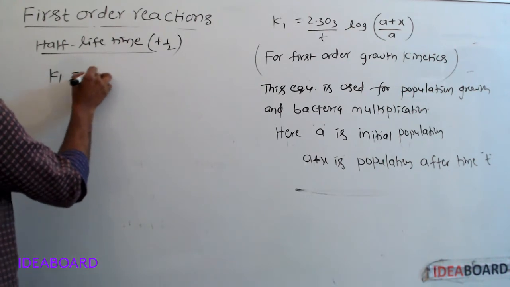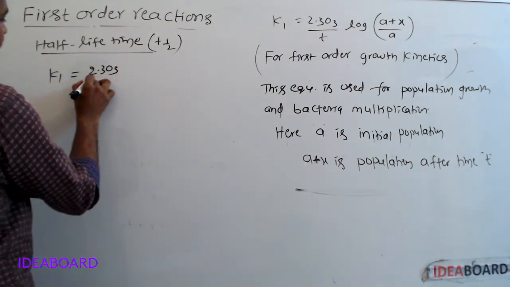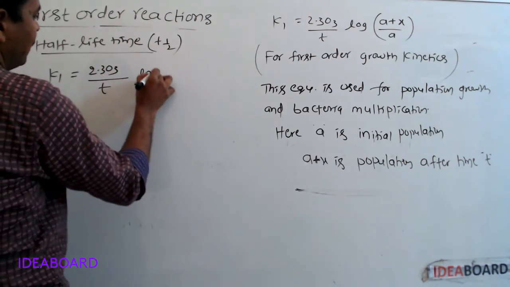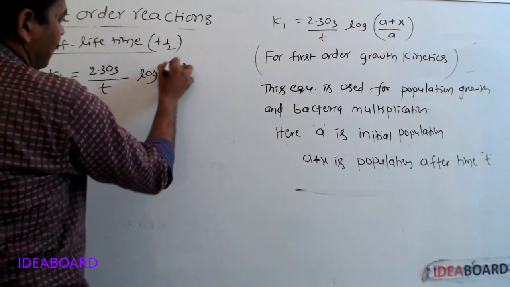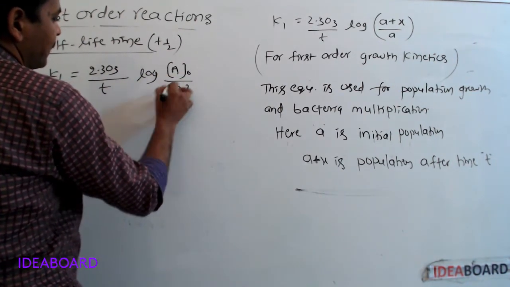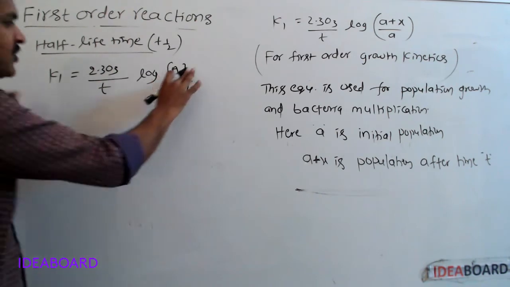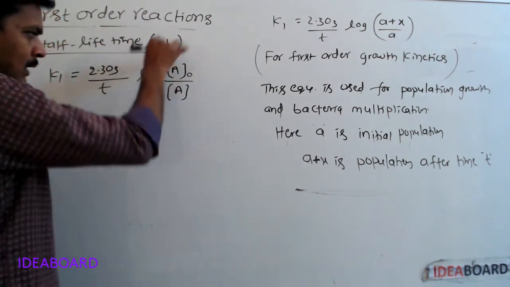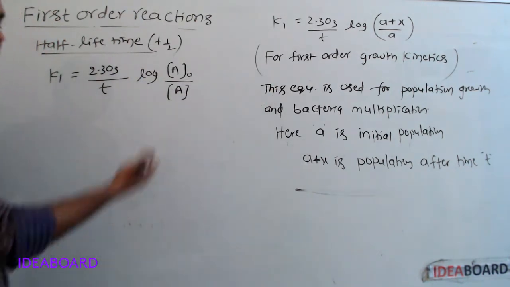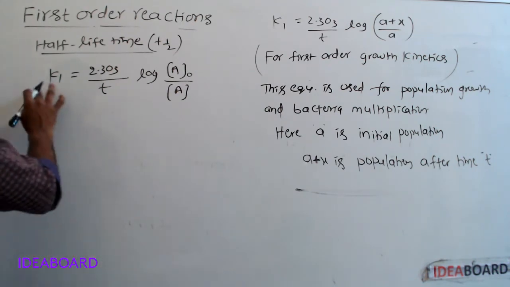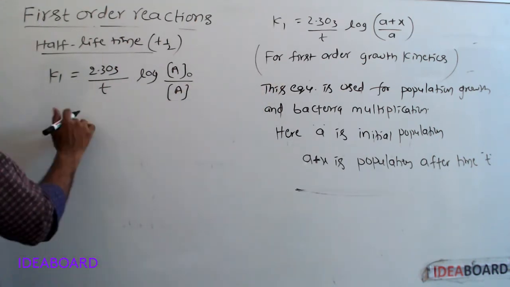The first-order rate equation is K1 is equal to 2.303 by T log of A naught by A, log of initial concentration of the reactant divided by concentration of the reactant after some time. This is the first order integrated rate equation.